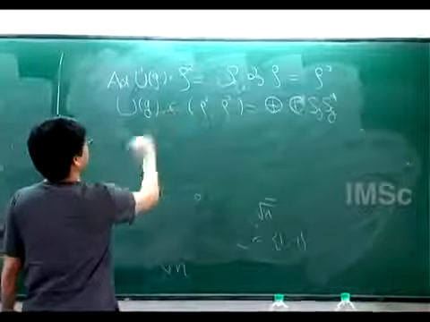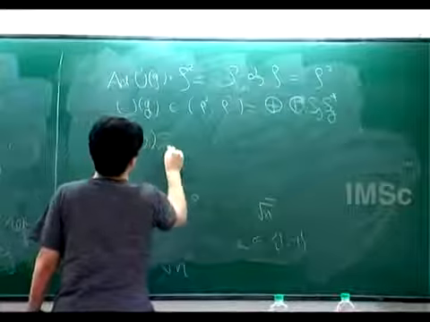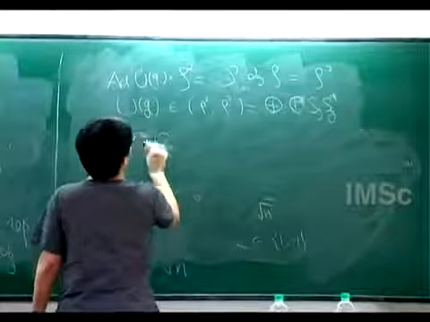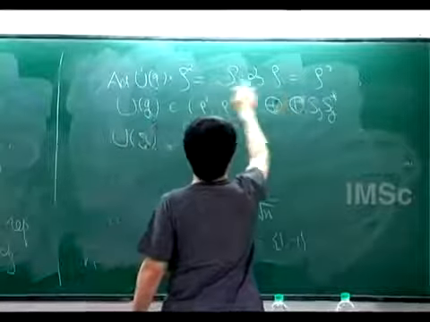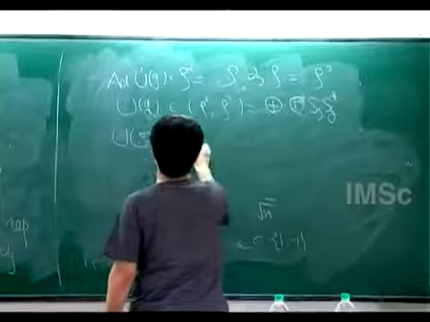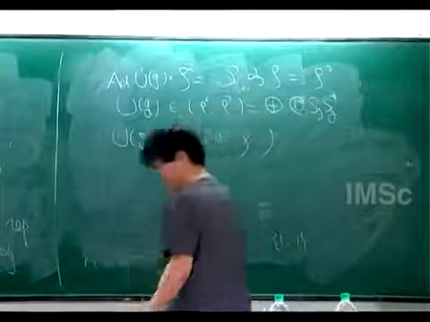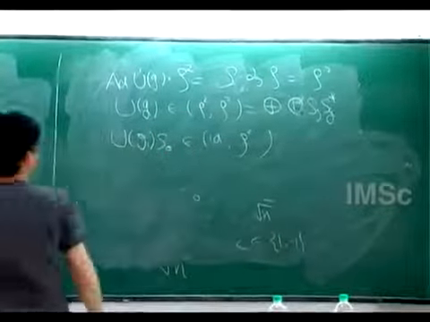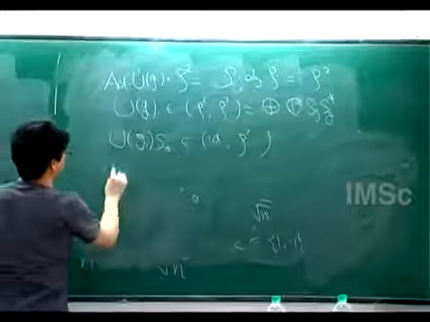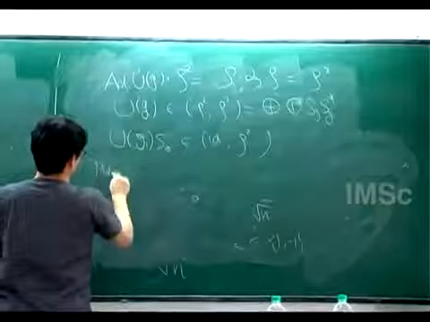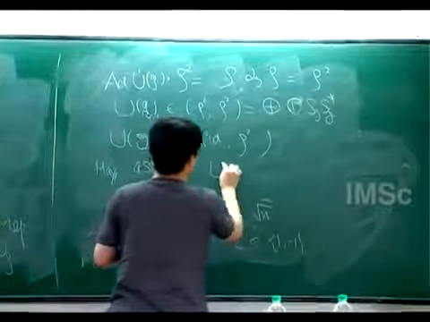And moreover, if you put say S0 here, then you see that this is in this intertwiner space. So it means that you can normalize UZ by this relation. So we may assume this.